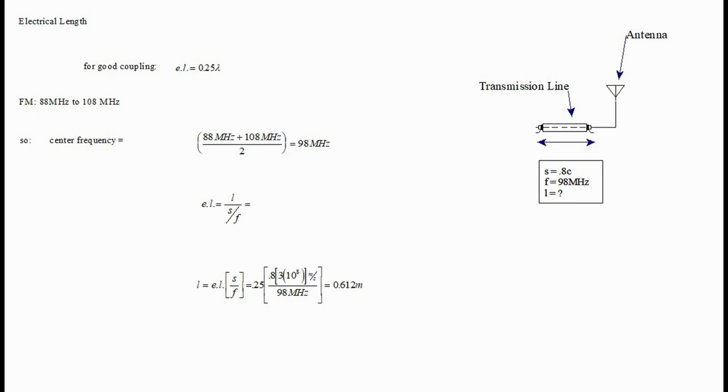So the only thing we need is the length. So what we do is we rearrange the electrical length formula so as to solve for the length. Once we solve for the length, we see it's 0.621 meters. So what they do is they take the cable, cut it to 0.612 meters, and then connect it to the antenna, and hopefully you'll get good coupling.